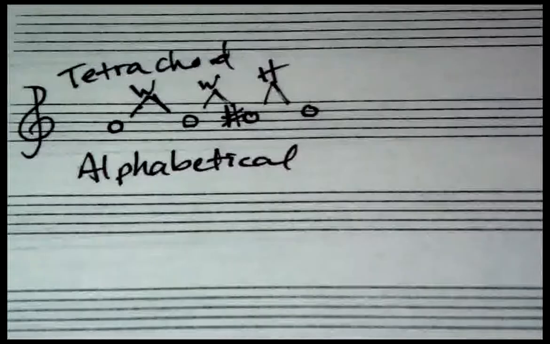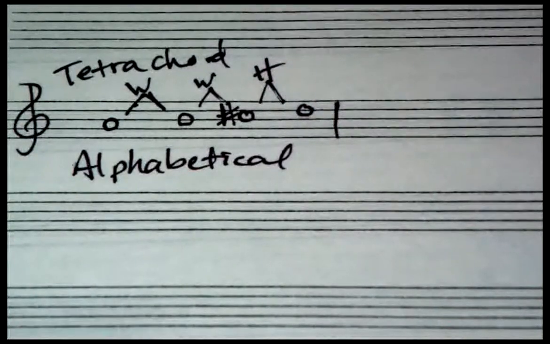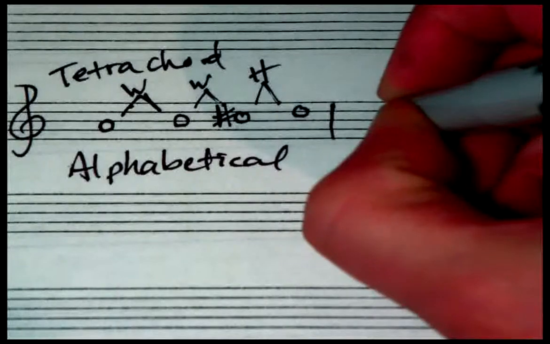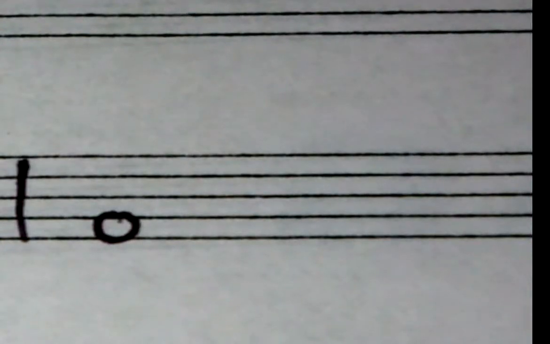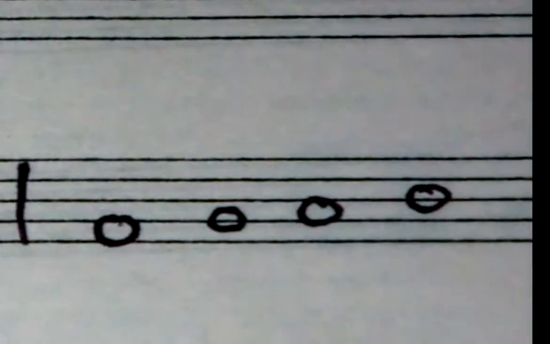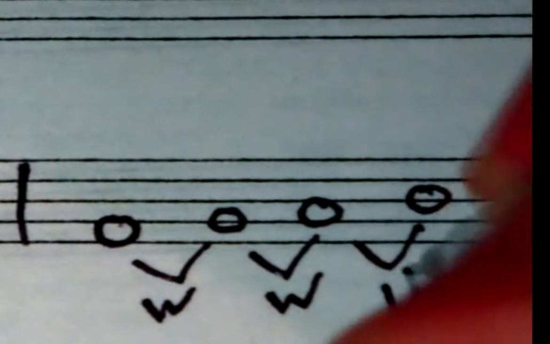Again, if I were to continue on and do another example, let's say starting this time on F. Again, I need 4 notes. They must be alphabetical: F, G, A, and B, and they must follow this whole, whole, half situation.